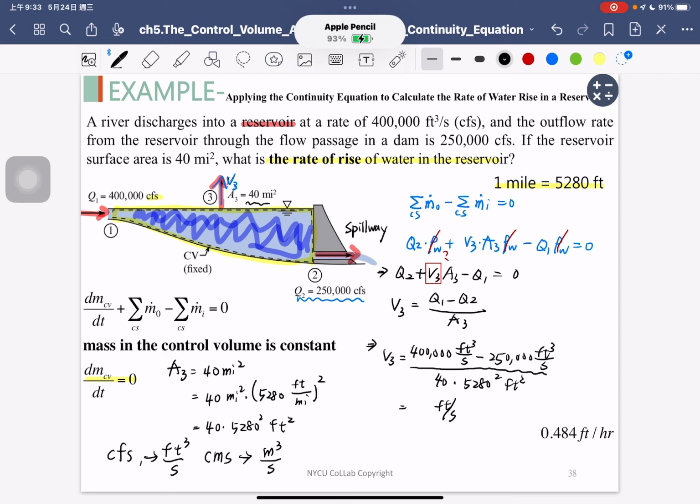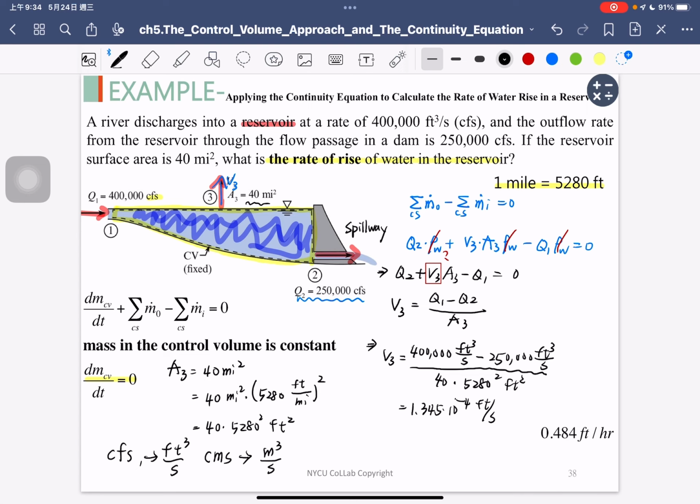You can use your calculator to check the answer. After I compute, the answer here is 1.345 times 10 to the power of minus 4, and this is feet per second.